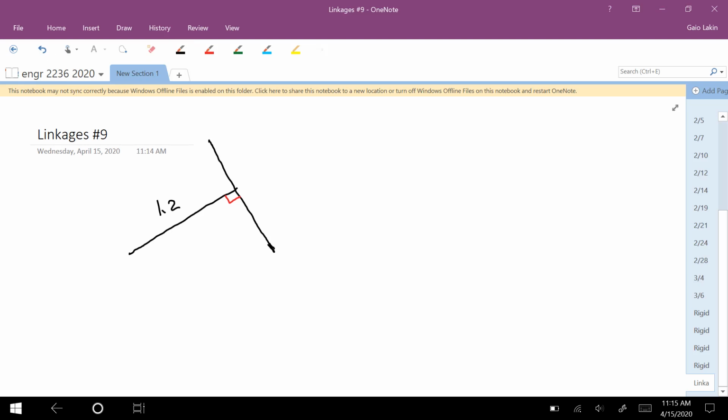The length of each half of the right piece is 0.9. And since it's a right triangle, that means that this is a 3, 4, 5 right triangle. And this length is 1.5. That's right, isn't it? Yeah.